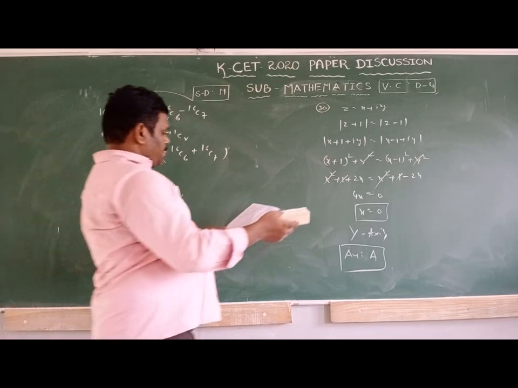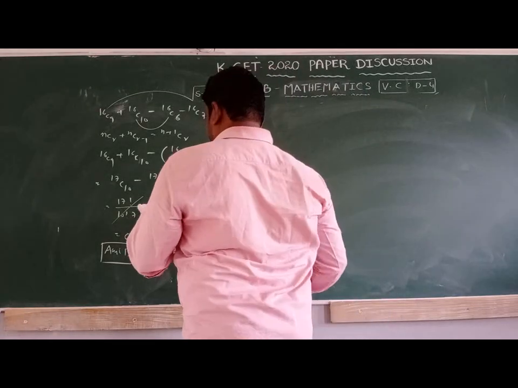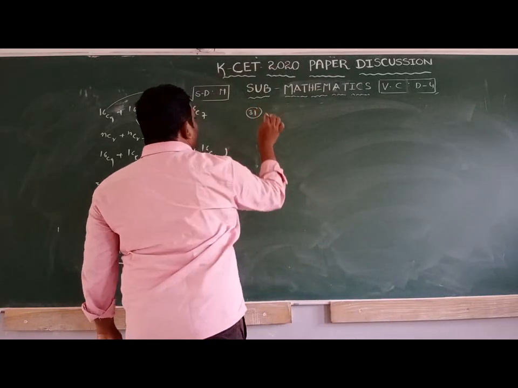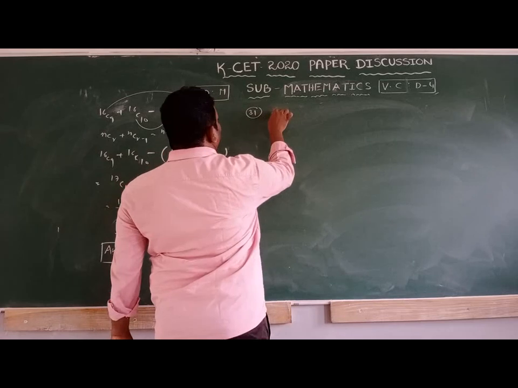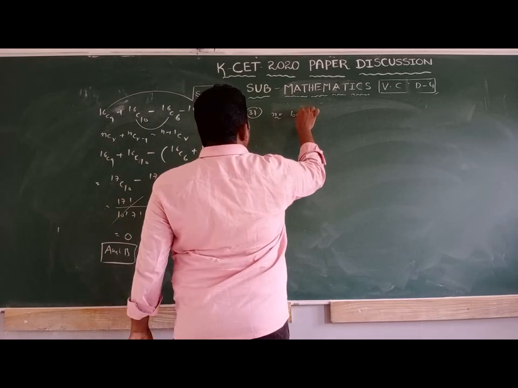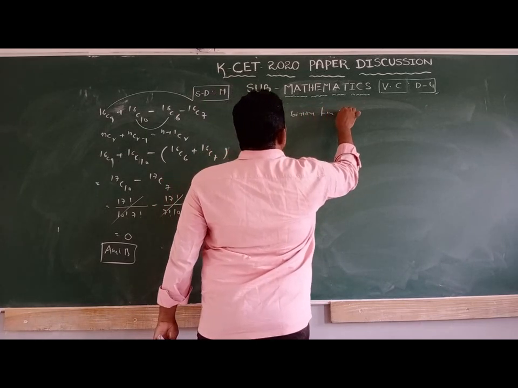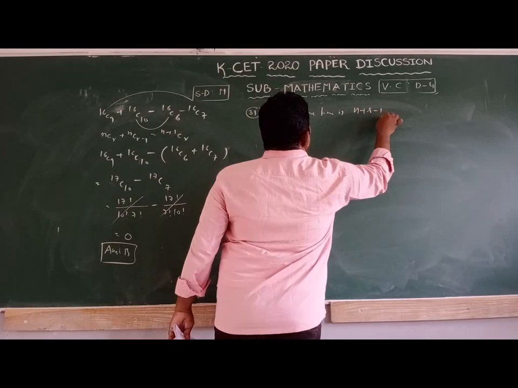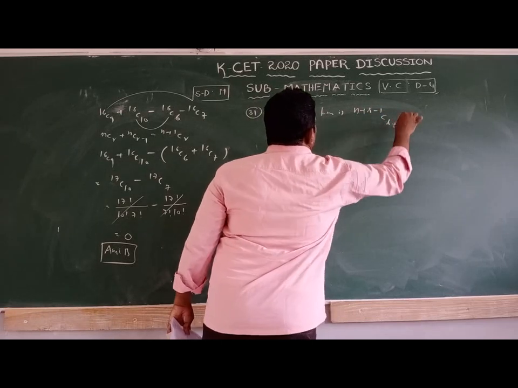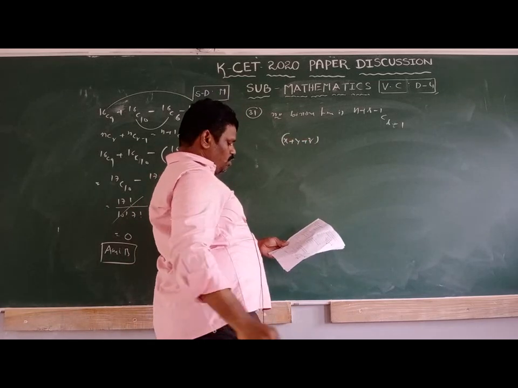Next, question 31 over 32. Here binomial is given, so the formula for the number of binomial terms is n plus r minus 1 C r minus 1. Here the binomial expansion given is (x plus y plus z) whole power 10.